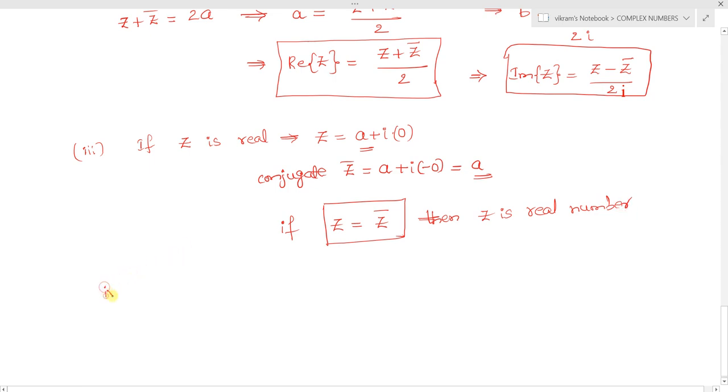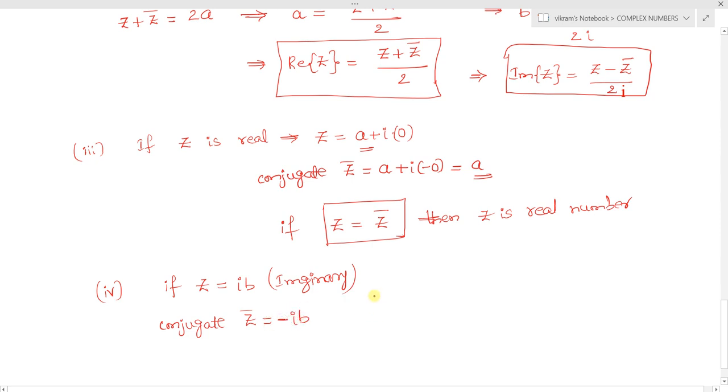Now I am considering another property. If the complex number z is purely imaginary, that means z equals iota times b. Here the real part is 0. If the complex number is imaginary, then what condition do we get? Its conjugate, z conjugate, equals, changing the sign of the imaginary part, minus ib.